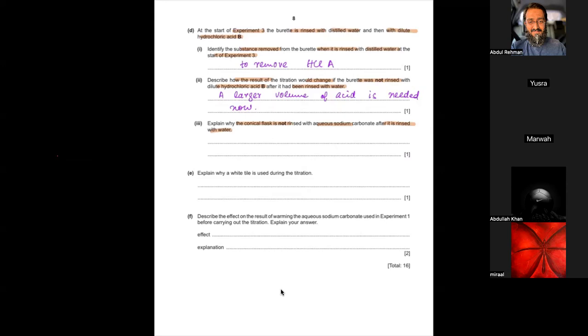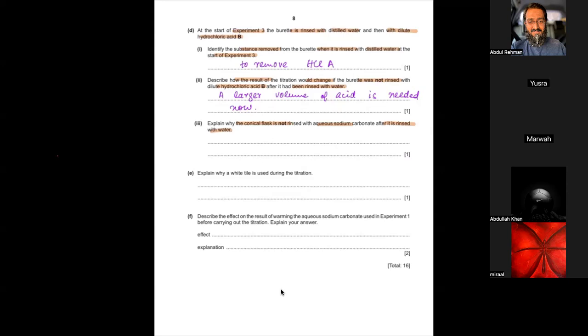If I rinse it with the aqueous sodium carbonate, for example, before adding it, it already contains sodium carbonate in it. And then if I am adding a measured sodium carbonate from the pipette to the flask, the flask has a greater volume than what we need.